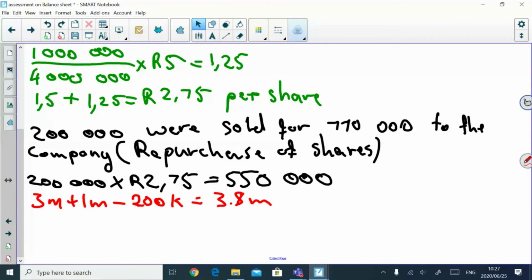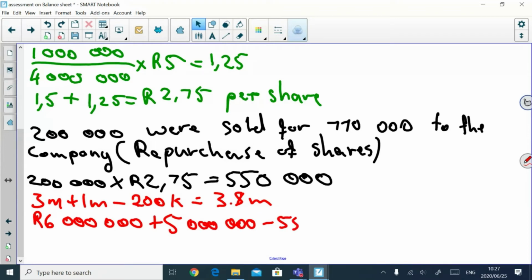So let's see how much of a share capital we have. It will be your first 6 million plus the 5 million minus your 550,000.